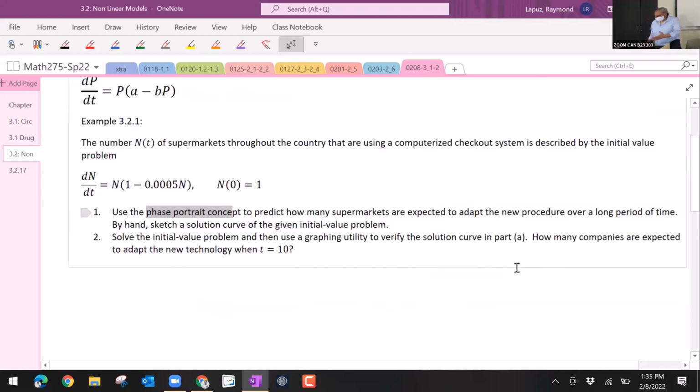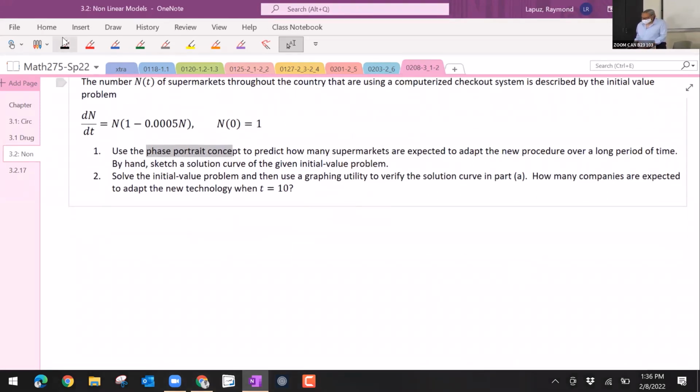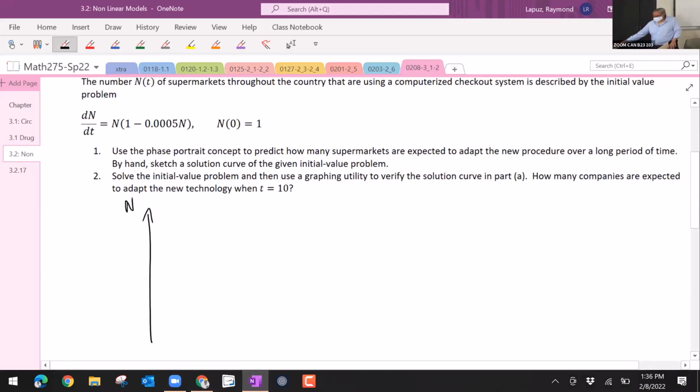So how's this going to look? Phase portraits. Remember, a one-dimensional phase portrait is really just an axis, and we choose the vertical axis because it usually represents the dependent variable. And then we find the zeros. So n equal to 0 is a zero, because we're really looking at n times (1 minus 0.00005 n), and we're setting this equal to 0.